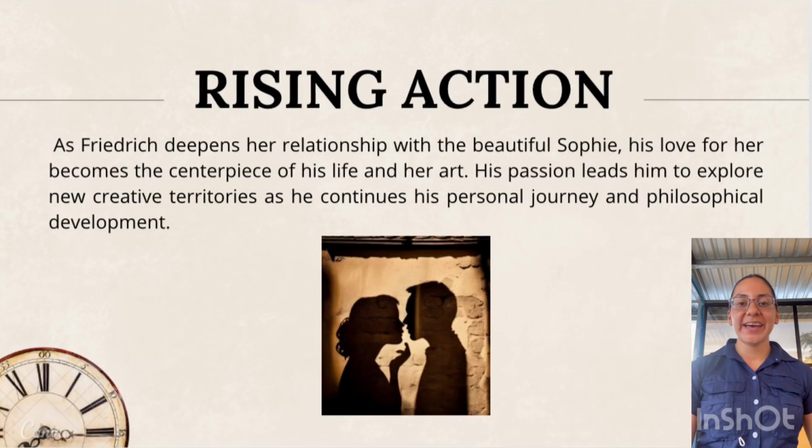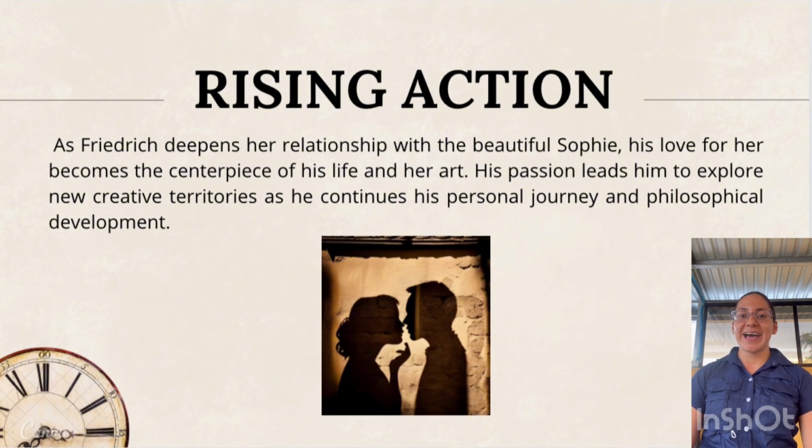The third part is rising action, as Friedrich deepens his relationship with the beautiful Sophie. His love for her becomes the centerpiece of his life and his art. His passion leads him to explore new creative territories as he continues his personal journey and philosophical development. During this phase, the relationship between Friedrich and Sophie becomes the central axis of the story.